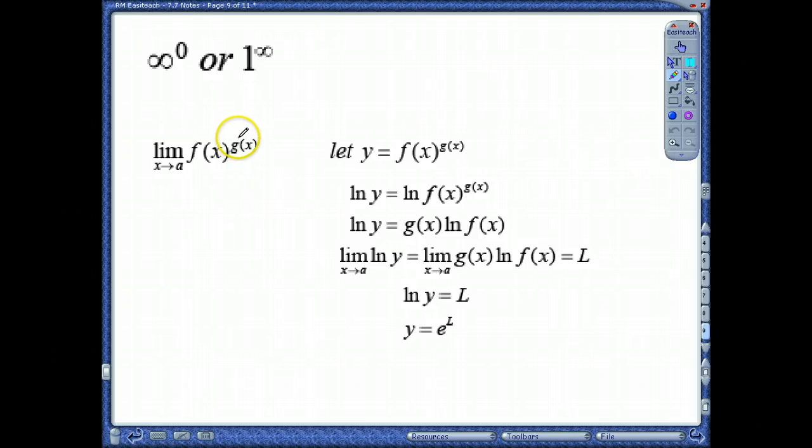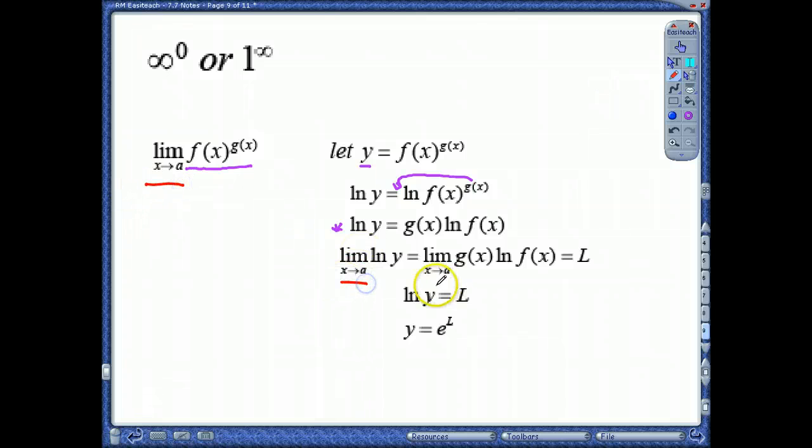And that is, we're going to natural log both sides, so we can pull this power down in front. So we're going to let y equal what's inside the limit. So that's going to be our y. Well, I need that g of x to come down in front. So I'm going to natural log both sides so that g can come down in front. Well, we're taking the limit of this guy, okay, because see, we had that little limit, so now we're going to incorporate the limit.